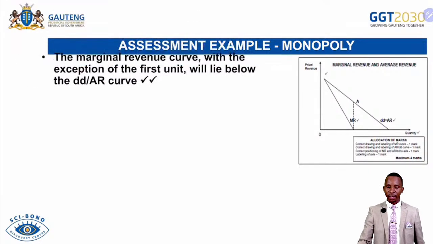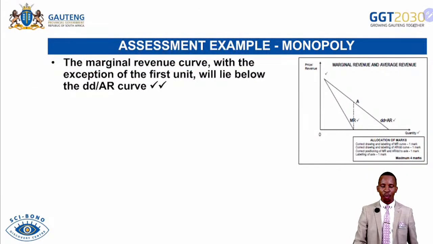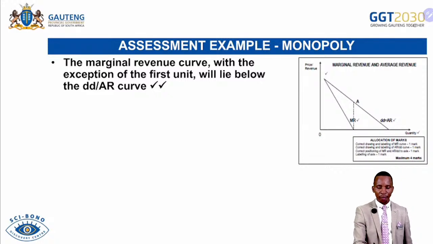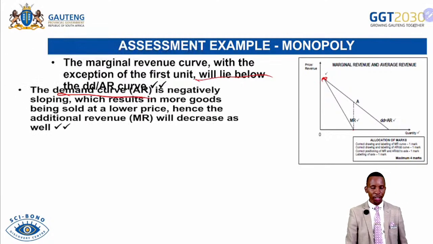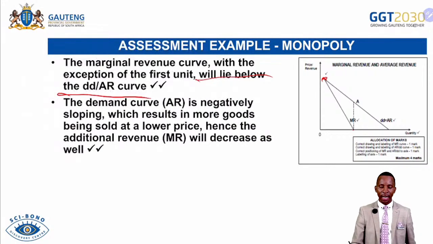And then there is the graph. The marginal revenue curve, with the exception of the first unit, will lie below the demand curve or average revenue curve. So you can see it is lying below, besides the original point. And then we continue in explanation. The demand curve AR is negative sloping.